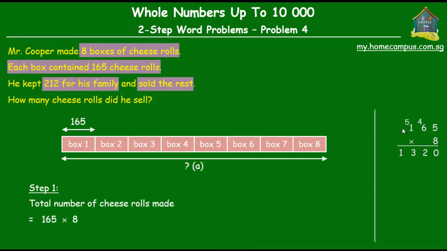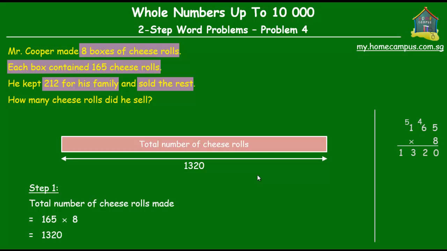Now if you're not sure how to do multiplication, then please do watch the tutorials we did on multiplication with regrouping. So 165 times 8 is equal to 1320. So on our model, the total number of cheese rolls is 1320.